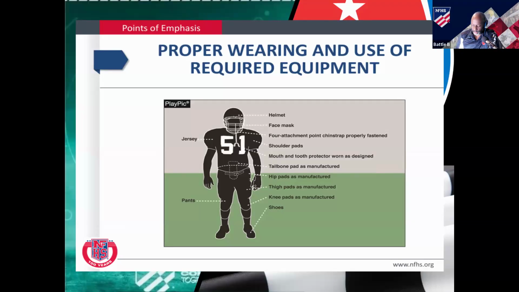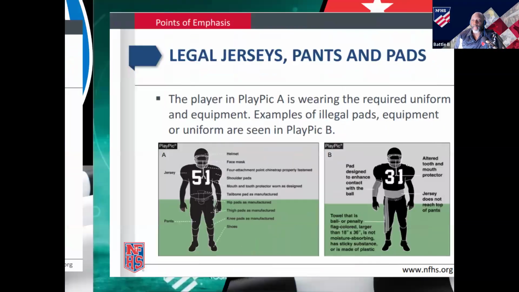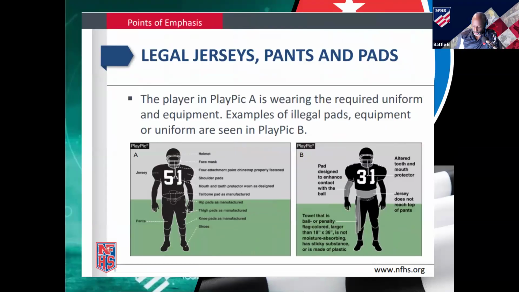And this is what we want to make sure everybody is wearing. And here we see that the player equipment on the right is illegal, right? The mouthpiece is altered. The jersey does not reach the top of the pants. Too long, and the towel doesn't meet the dimensions laid out in the rule book. We basically become the police. We are the police of the field.